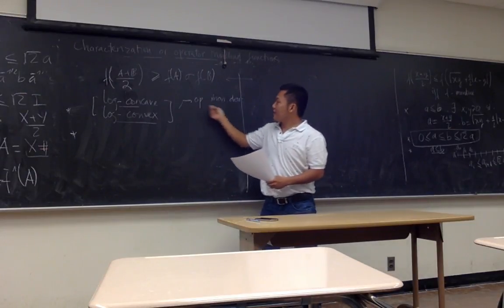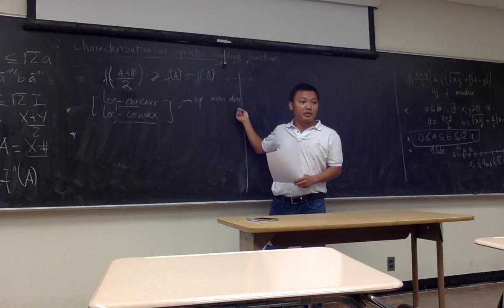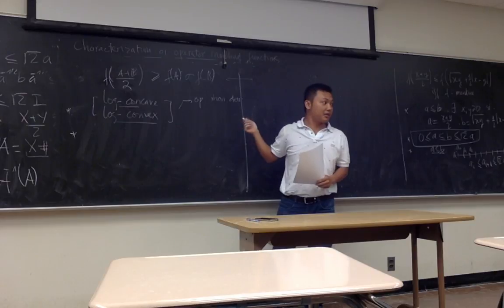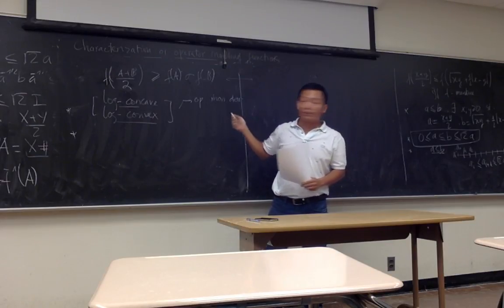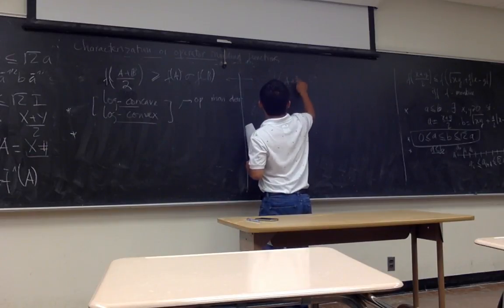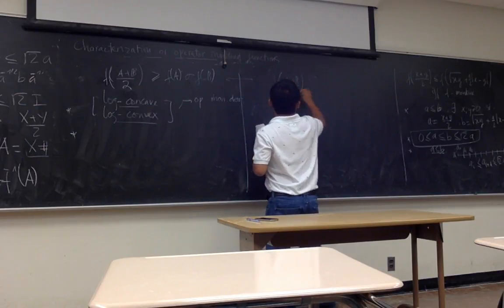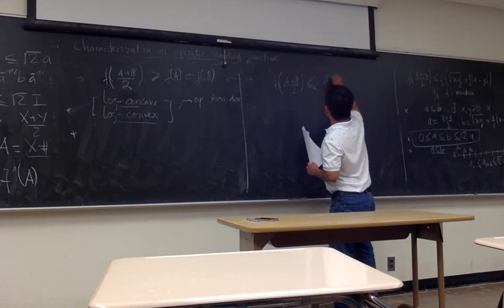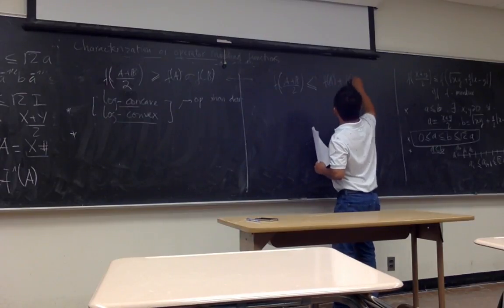Usually, it's easier to work with operator monotone functions than with operator convex functions. So you can see if I fix some f, for example a plus b, we have this one, fa plus fb.